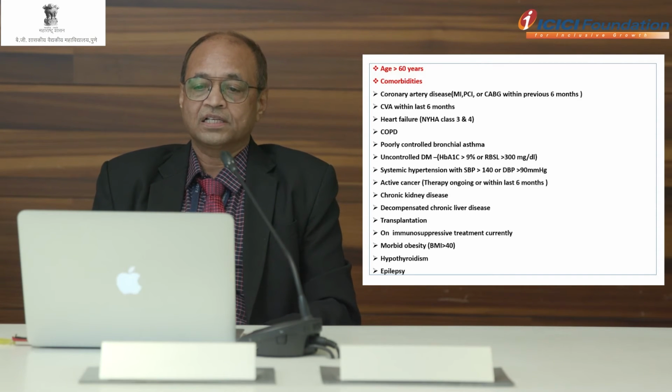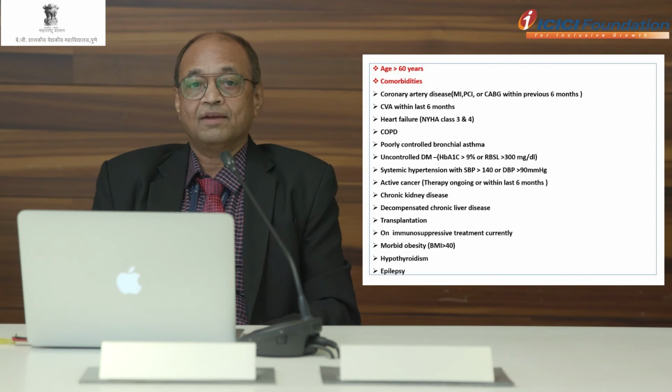Other comorbid conditions which make the patient land up in a severe illness are coronary artery disease, a CVA, cerebrovascular accident, within the last 6 months, a history of heart failure, chronic obstructive pulmonary disease, poorly controlled bronchial asthma, and systemic hypertension with a systolic blood pressure of more than 140 and a diastolic blood pressure of more than 90 millimeters of mercury.